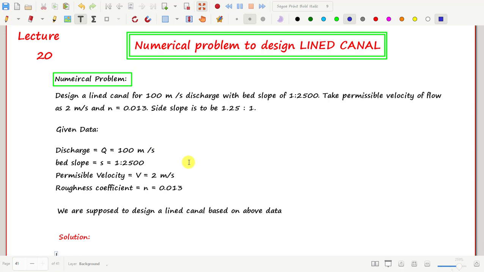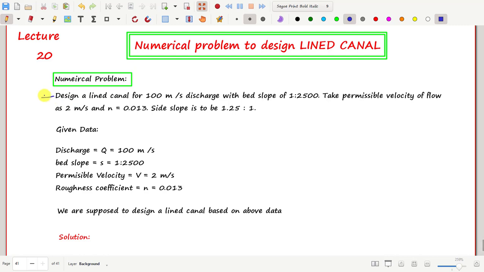So let's start and read out this statement. This statement given to us is saying that we need to design a lined canal. The first thing we need to do is design, right?